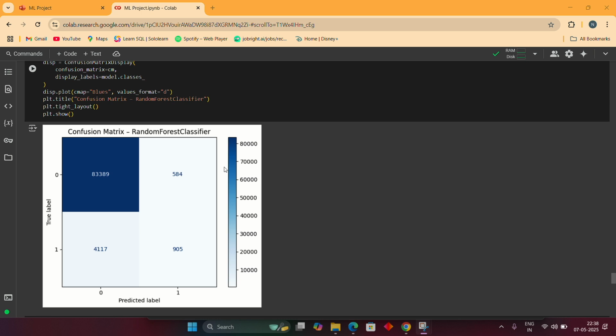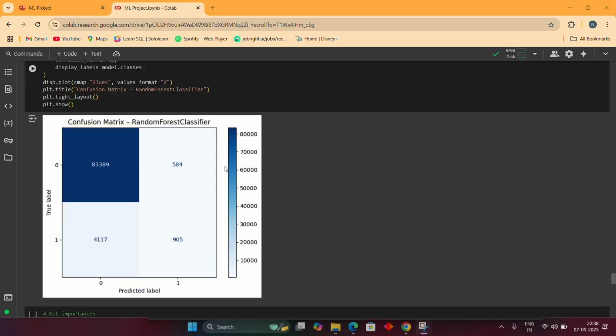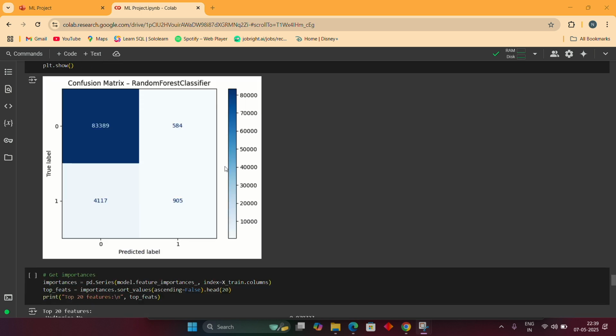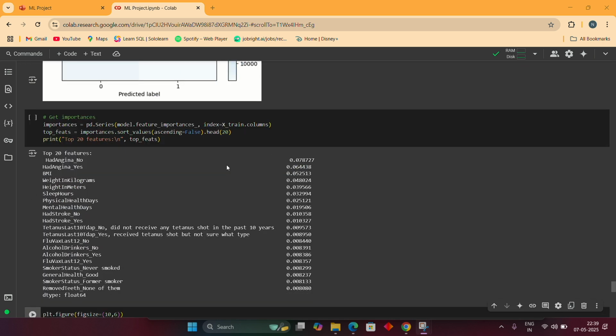So we plotted the ROC curve and confusion matrix of all the models, and it turned out that the random forest was the best fit for our data. Considering precision, recall, and accuracy, we went forward with the random forest model. We then proceeded to get the top 20 important features supporting our model.